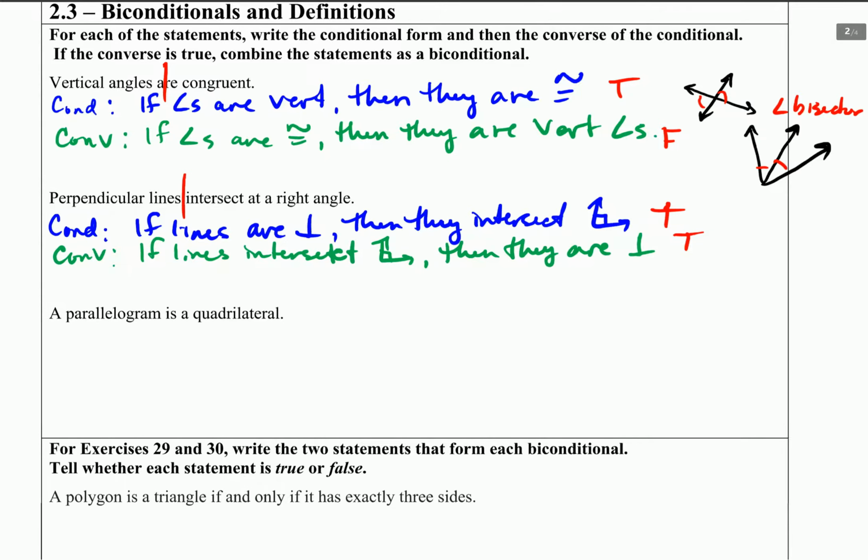So what are we trying to define here? I think perpendicular is what we are trying to define. So remember, no if then.